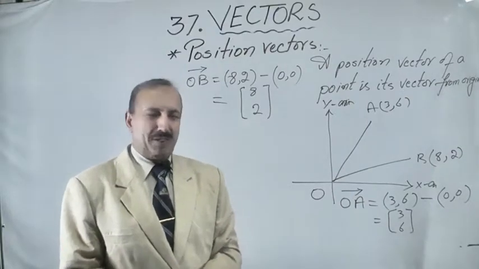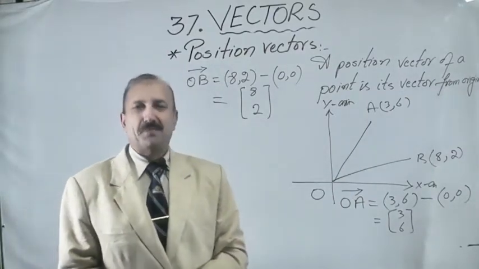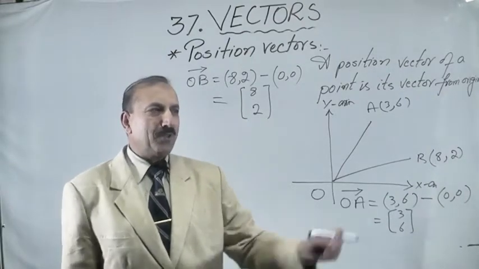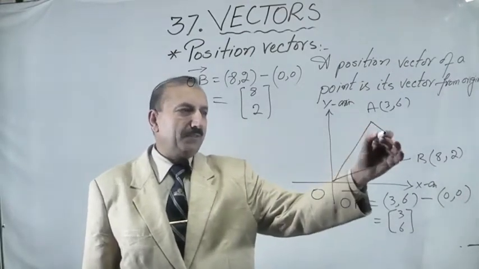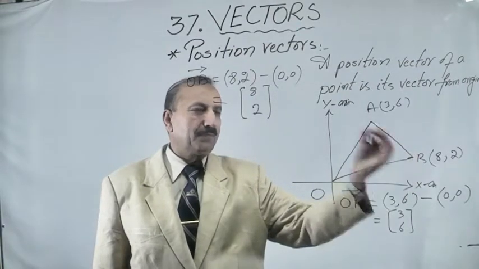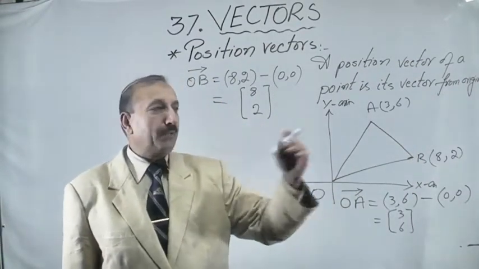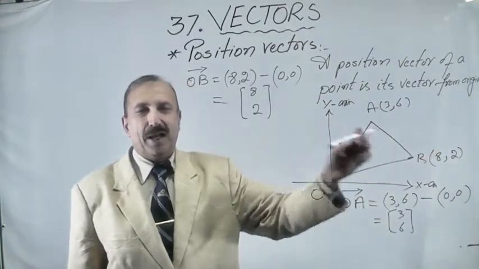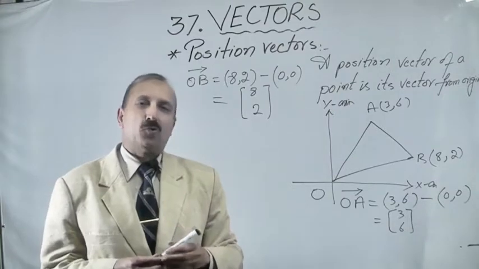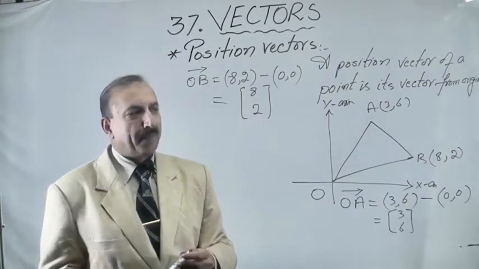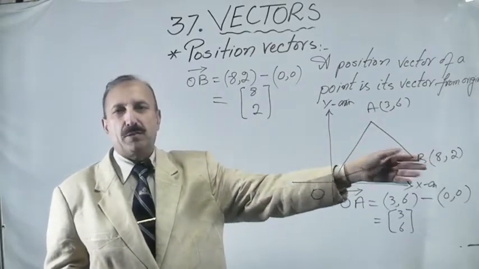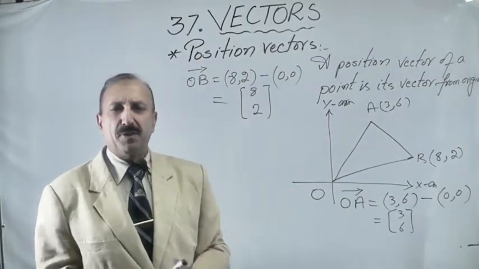But my dear students, for example, there is a question where you need to find the vector AB. If the coordinates are given and we are supposed to find the vector AB, now there are two methods. Number one, you can use the same method for the coordinates of these 2 points and you can get the vector AB.